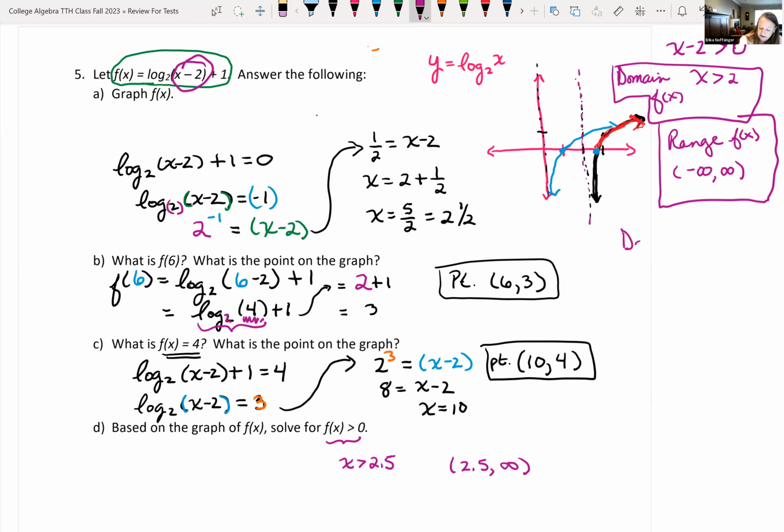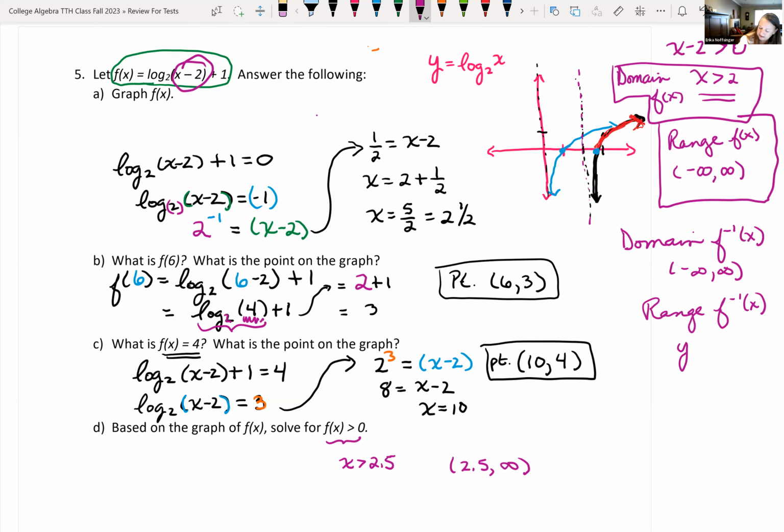So the domain of f inverse of x, this is x values. It's going to be all real numbers, negative infinity to infinity. The range of f inverse of x was the domain, which was x greater than 2. But this is a range, so it's not x values, it's y values.